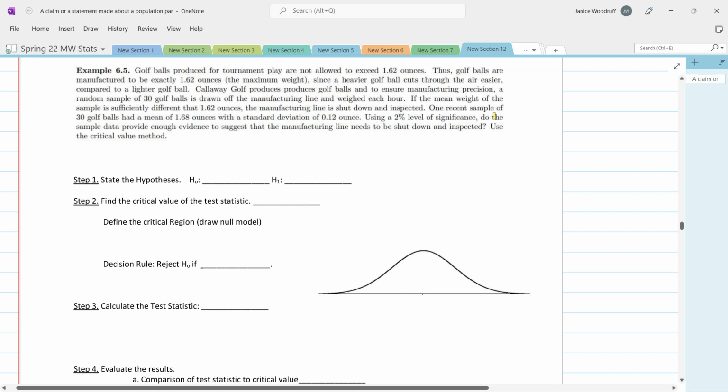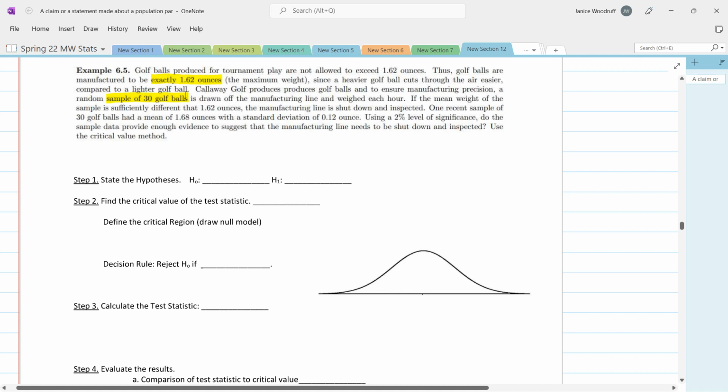No? Okay. Golf balls produced for tournament play are not allowed to exceed 1.62 ounces. Thus, golf balls are manufactured to be exactly 1.62 ounces, the maximum weight, since a heavier golf ball cuts through the air easier compared to a lighter golf ball. Callaway Golf produces golf balls to ensure manufacturing precision. A random sample of 30 golf balls is drawn off the manufacturing line and weighed each hour.